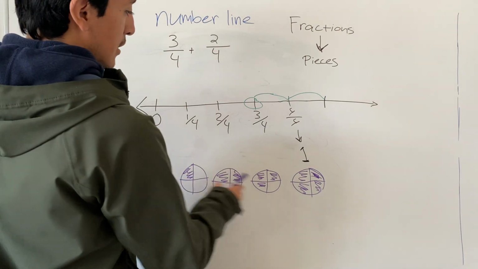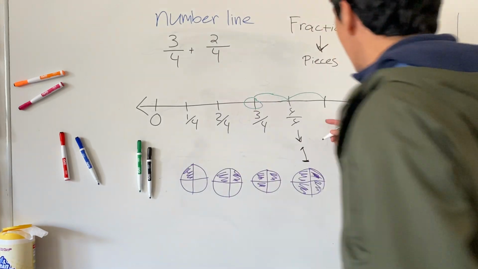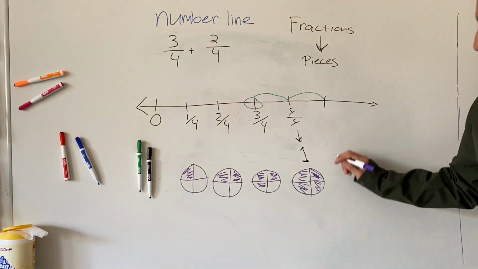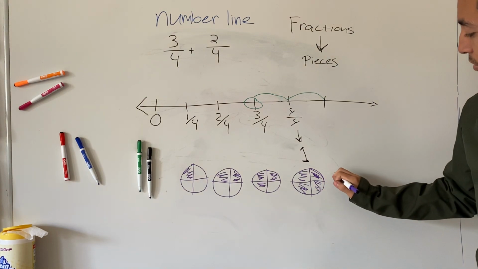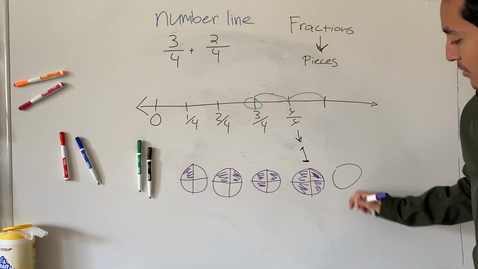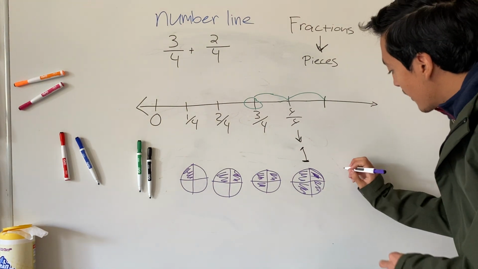Well, let's take a look at it through a circle. I'm not going to write the number yet, but so far we have 1 full circle, right? Again, I'm trying to make this as neat as I can.